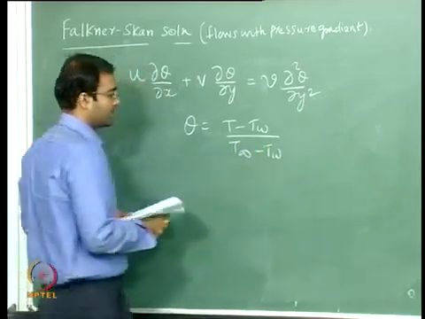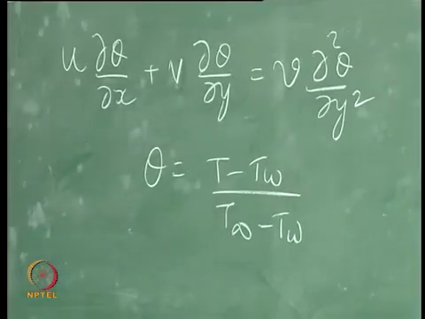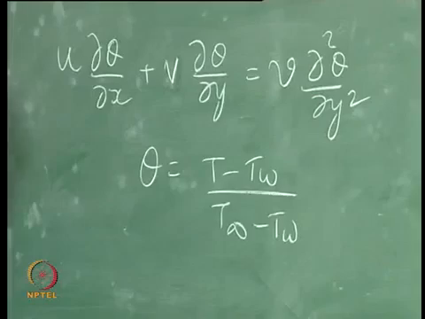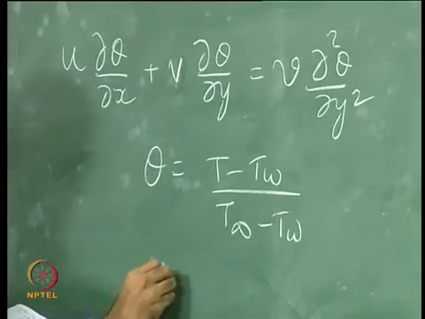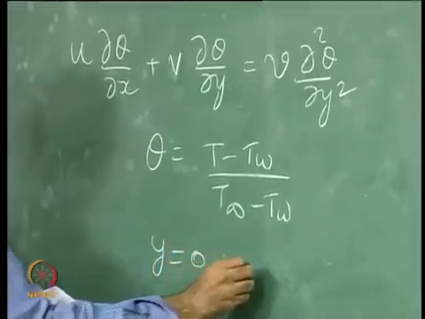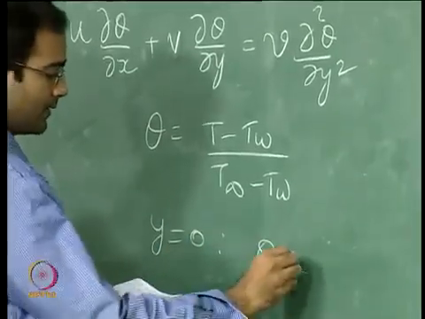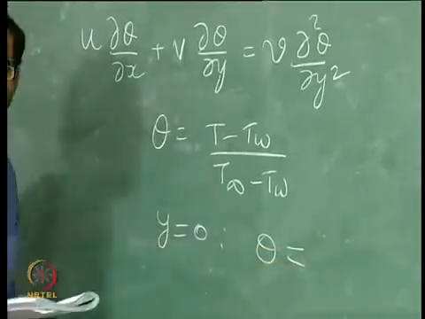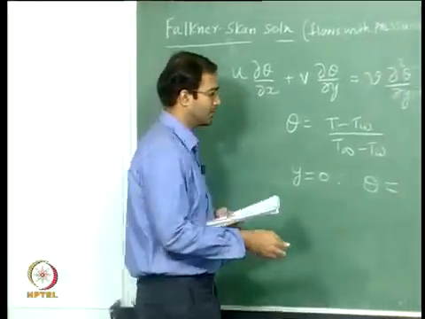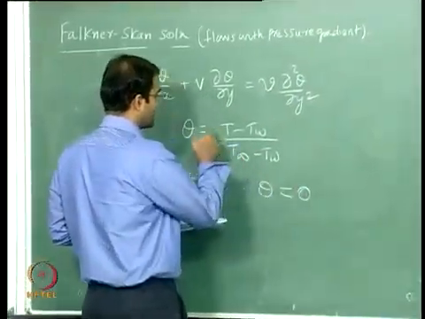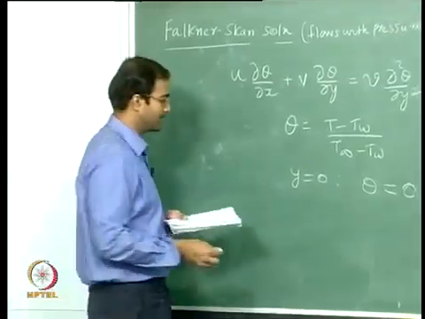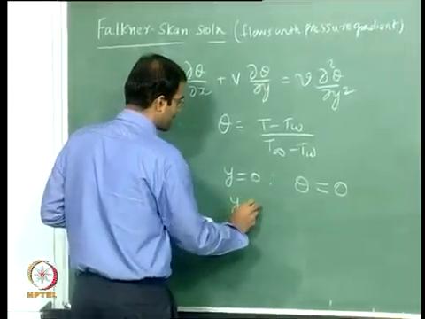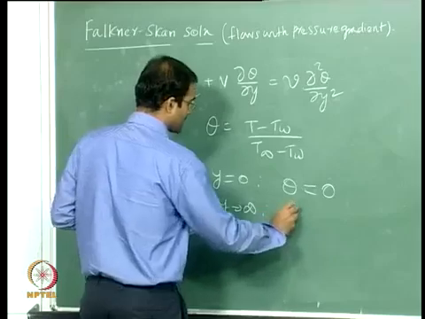So I want my temperature profile to look identical to the velocity profile, and the boundary conditions at y equal to 0, your theta should be 0. If I had defined my theta this way, it has to be similar to the velocity profile, right? So at y going to infinity, theta should be 1.